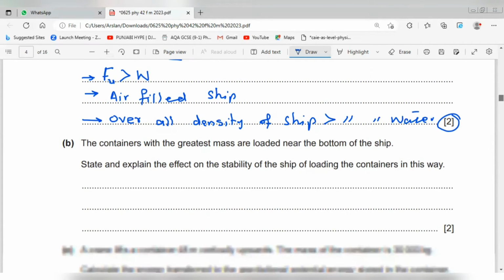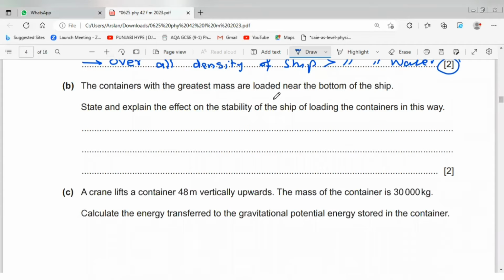Next, the containers with the greatest mass are loaded near the bottom of the ship. State and explain the effect on the stability of the ship of loading the containers in this way. When we talk about stability, we talk about the center of gravity. So if we increase the mass on the bottom, you can increase the stability.